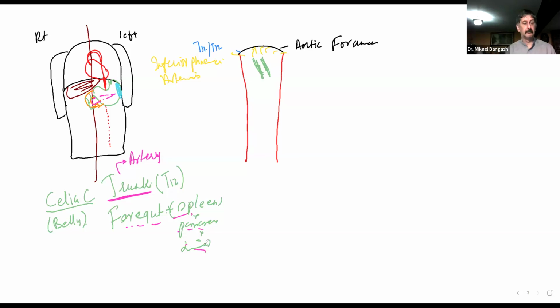Those structures are here. But the reason they don't call it a celiac artery, but rather a celiac trunk, is that another thing we said about a trunk is that it's going to give off further branches.